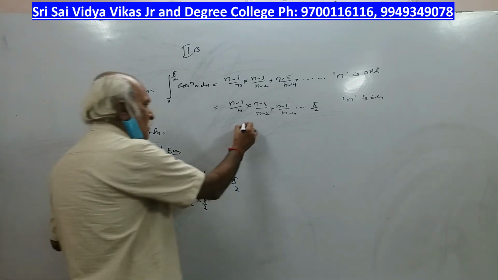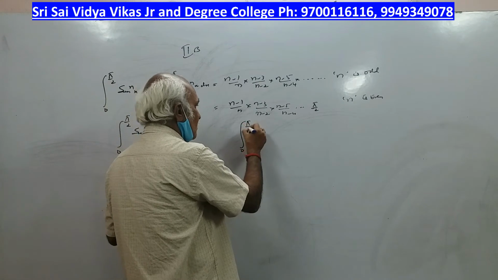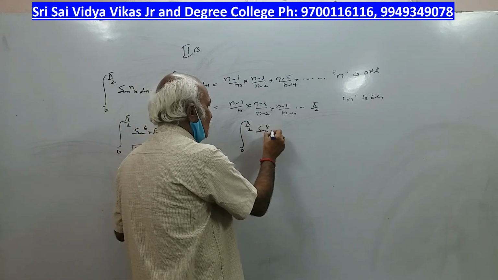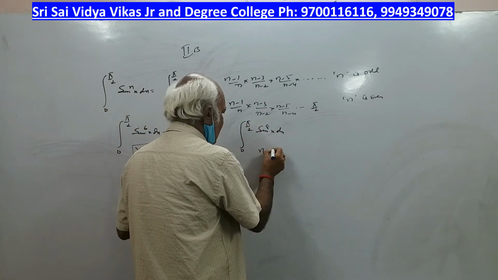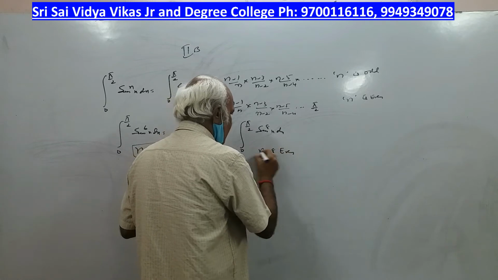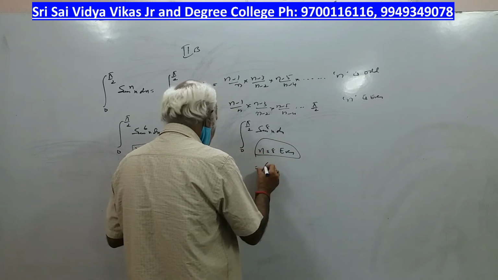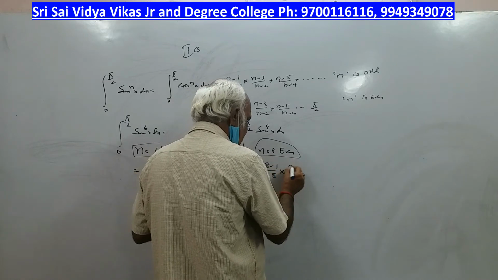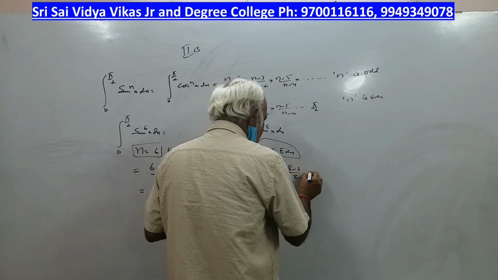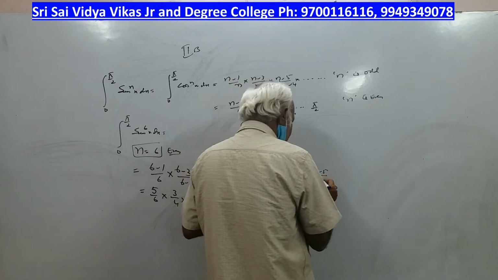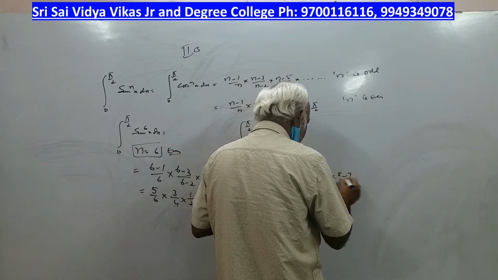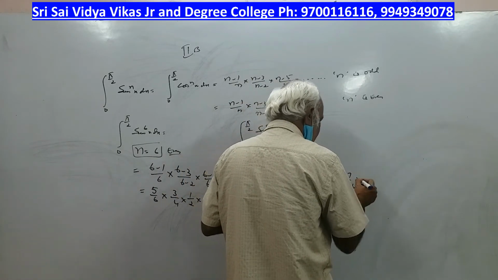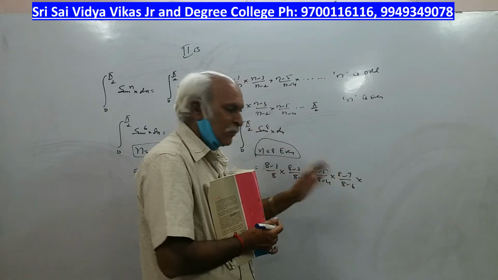For example, n is equal to 8, which is even. Again, 8 minus 1 by 8, 8 minus 5 by 6 and so on. What will the next one be? 8 minus 9, so a negative value is coming.